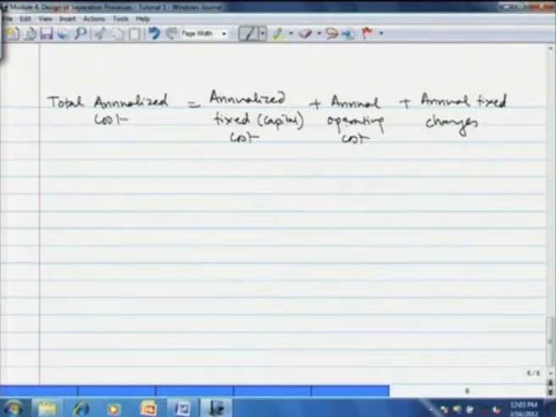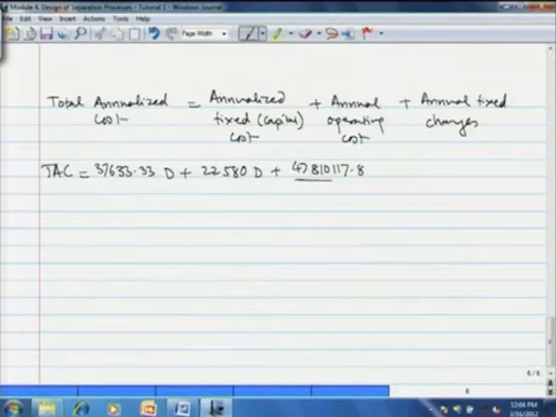So, now we substitute for all three costs that we have just derived. Total annualized cost is 37,633.33 into D plus 22580 into D plus the variable cost that we just determined, 47,810,117.8 by D raised to 4 plus 7685.25 D square. Okay.